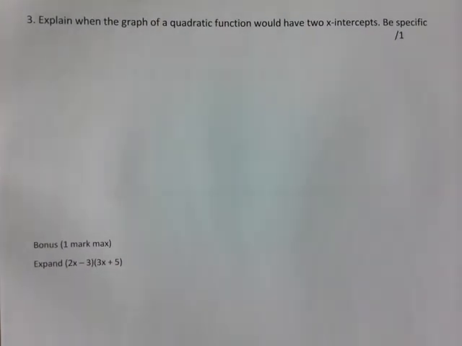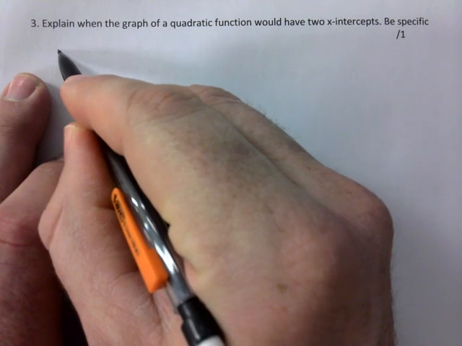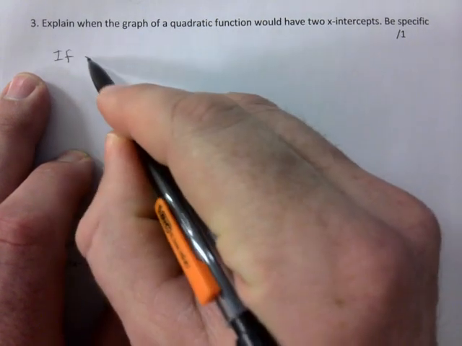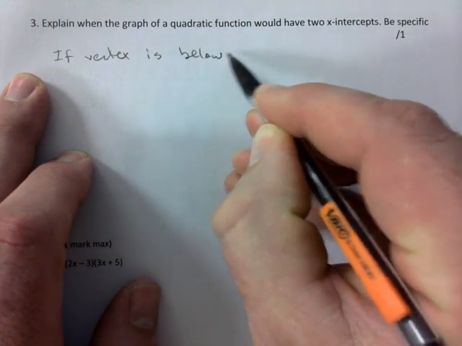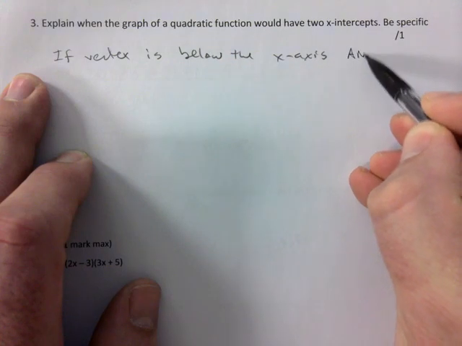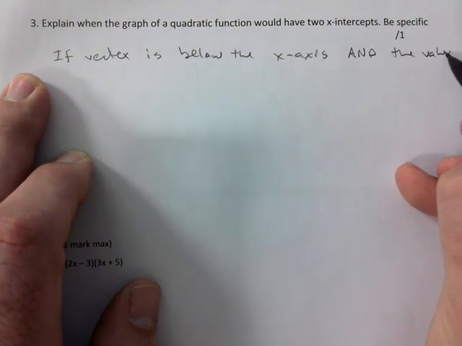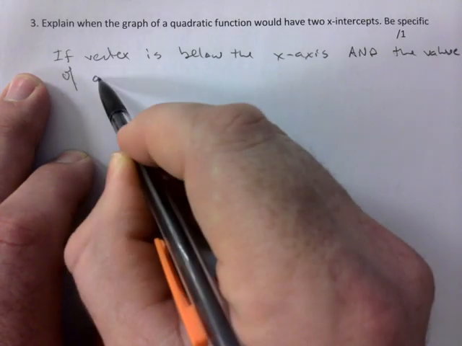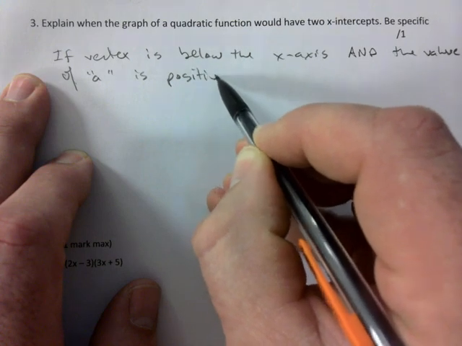Anyways, explain when the graph of a quadratic function would have two x-intercepts. Be specific. So you can say if the vertex is below the x-axis and the value of a is positive, right?